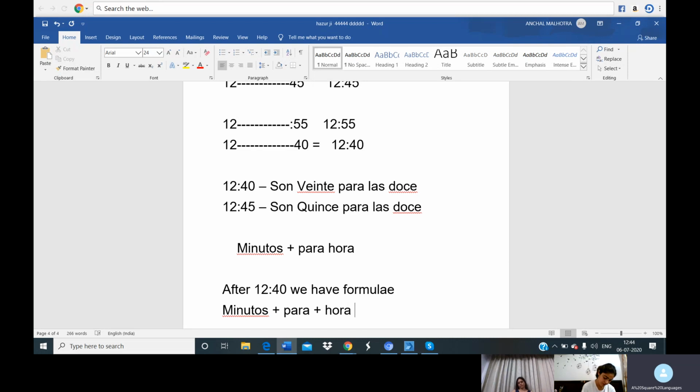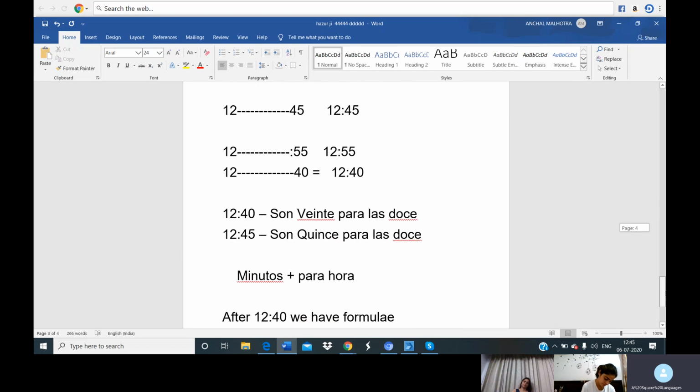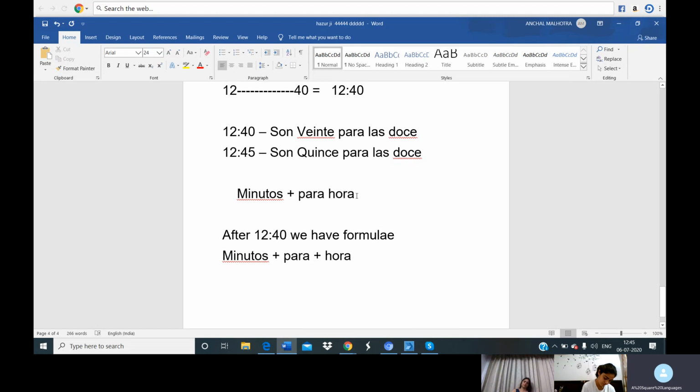Is it clear to you? But before 12:40 the pattern is hora plus minutos, like 12:05, 12:10, 12:30. And after 12:40 the pattern is minutos plus para plus hora. Is that clear to you? Yes, sir.